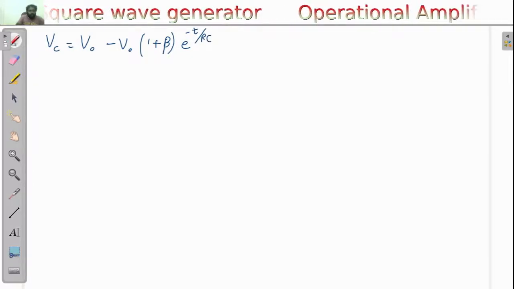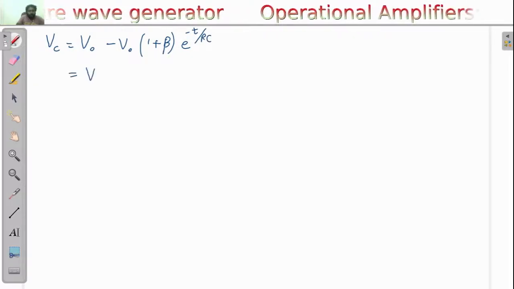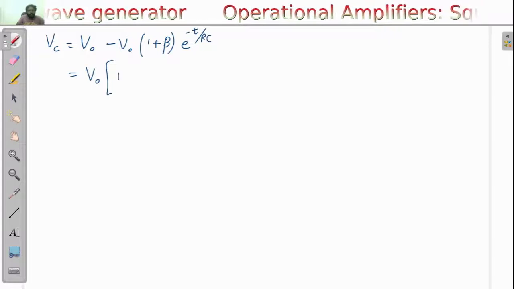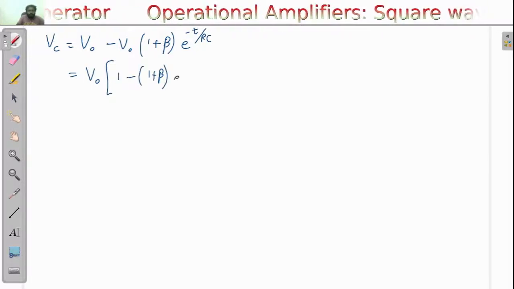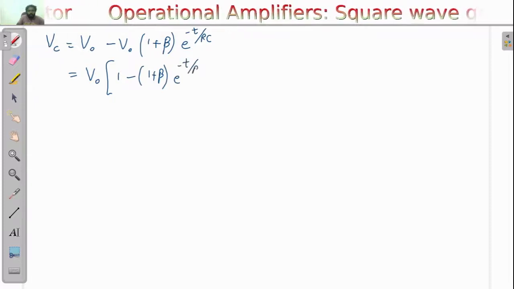And we can take out VO. So VO is taken out. It is VO times 1 minus 1 plus beta, e raised to minus t by RC.